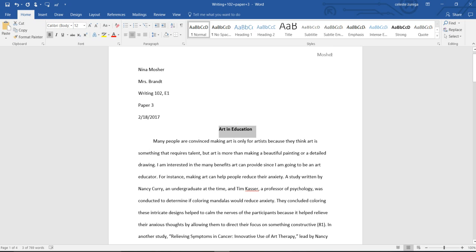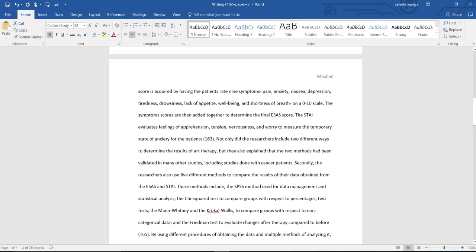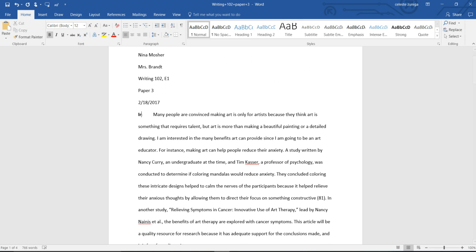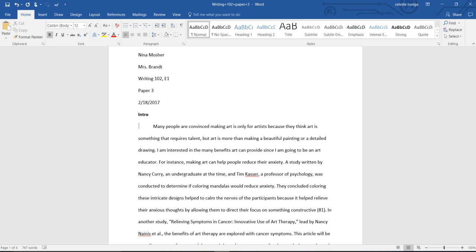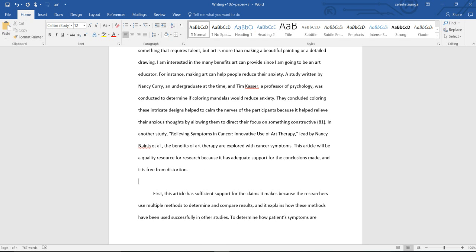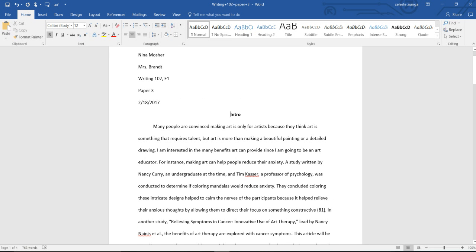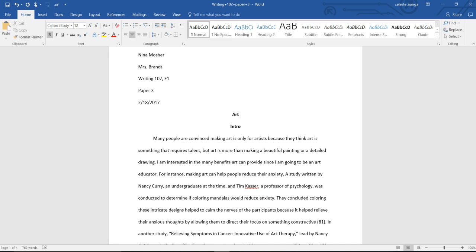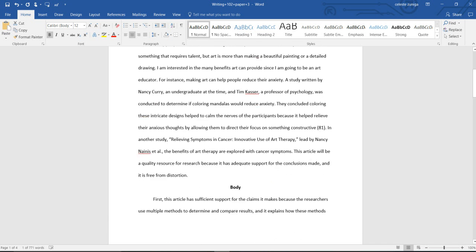But if you start subdividing the content, and let's say this is your intro, and you start subdividing the content, I'm just going to call this something simple like body. Now, putting your title above the intro starts to seem very, very strange. So if we put art in ed, that's like a title, a level 1, and then going. So that's a little bit strange.